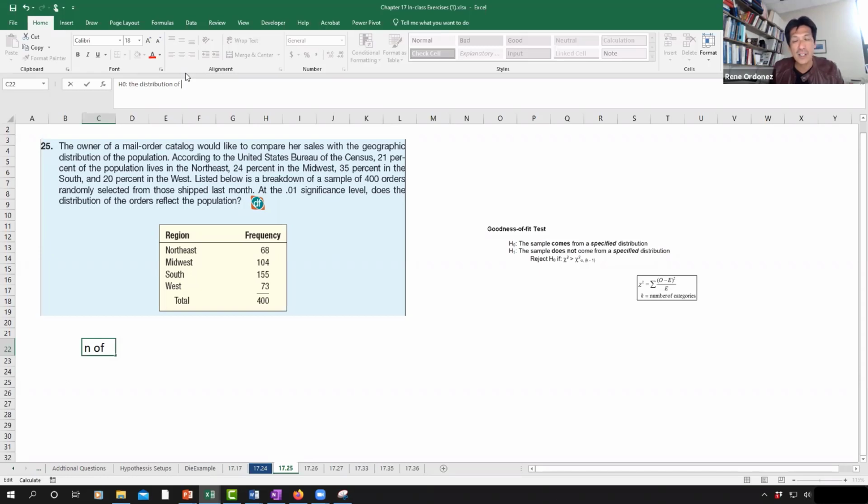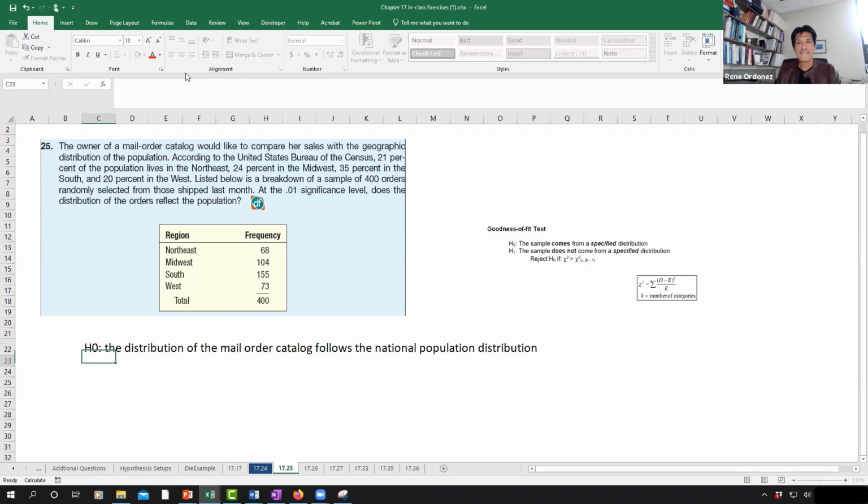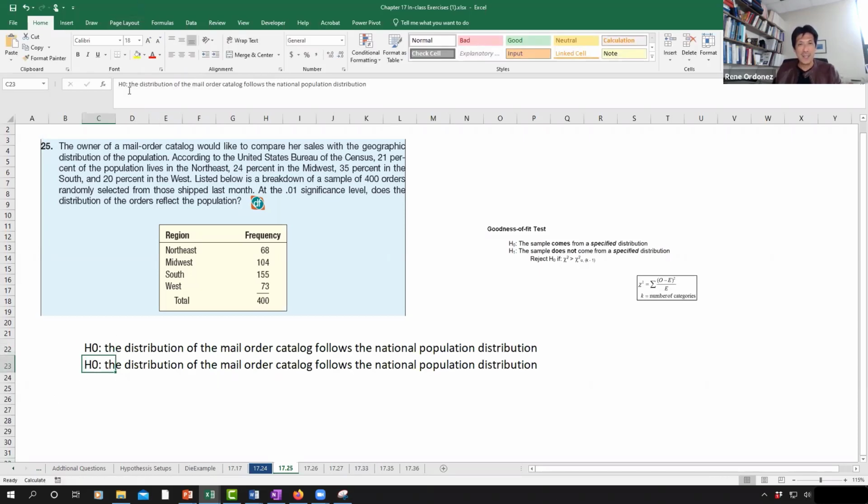It doesn't say. Oh, okay. Of the mail order catalog follows the national population distribution, right? And then the alternate hypothesis would be that the distribution does not follow.